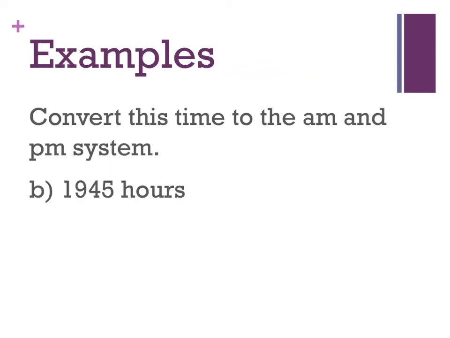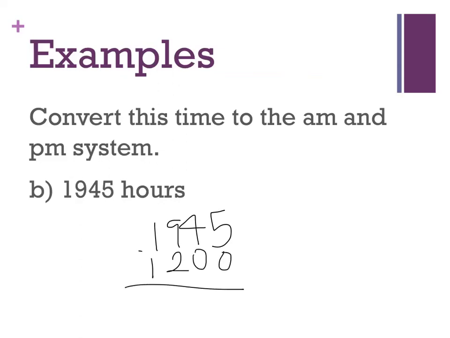This one here, it's asking me to convert 1945. How many hours is that after midday? Now I know midday is 1200, so if I subtract 1200 from 1945, that should give me the answer. 9 subtract 2 is 7.